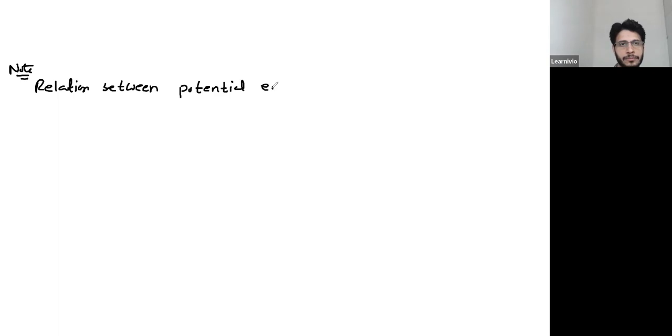The next thing is you can relate gravitational potential and potential energy. It could be a one marker question in objective. Relation between potential energy and potential. See, potential energy was equal to work done. This is potential energy.